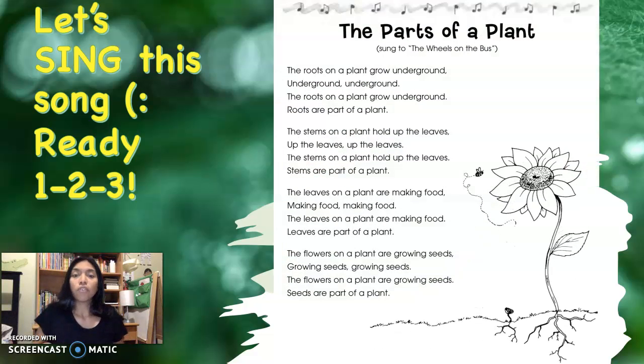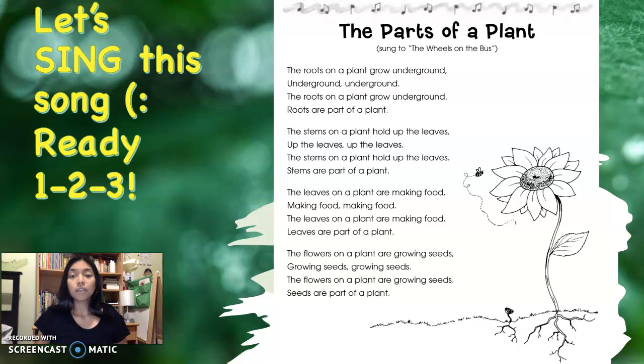The roots on a plant grow underground, underground, underground. The roots on a plant grow underground. Roots are a part of a plant. The stem on the plant hold up the leaves, up the leaves, up the leaves. The stem on a plant hold up the leaves. Stems are a part of a plant.